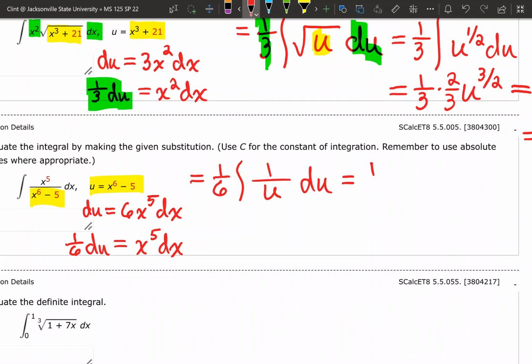If we need an antiderivative of 1 over u, what's that going to be? Antilog of absolute value of u. And then, almost finished, we'll just undo our substitution.